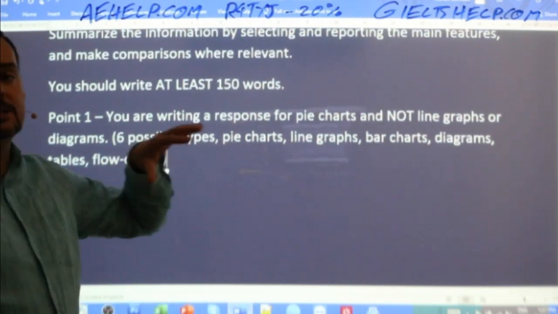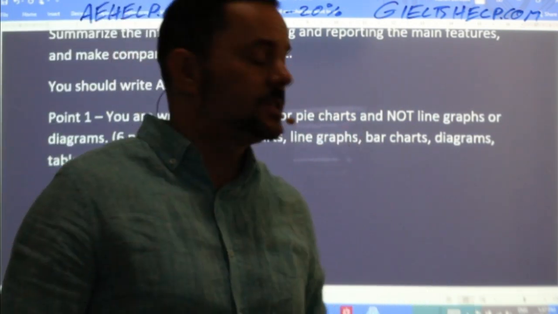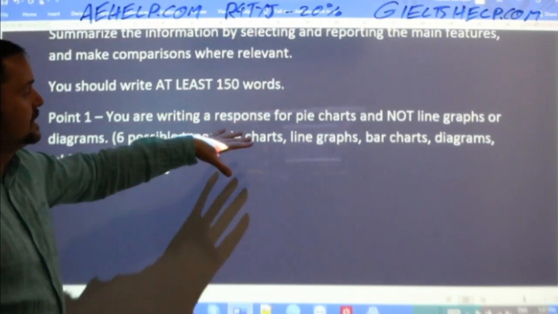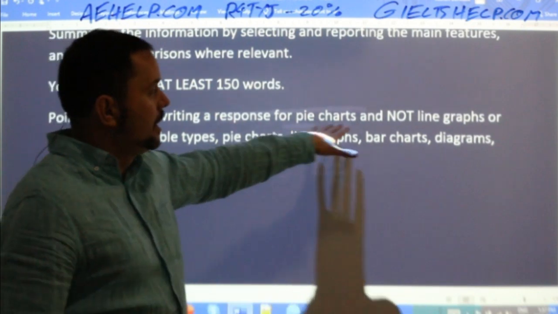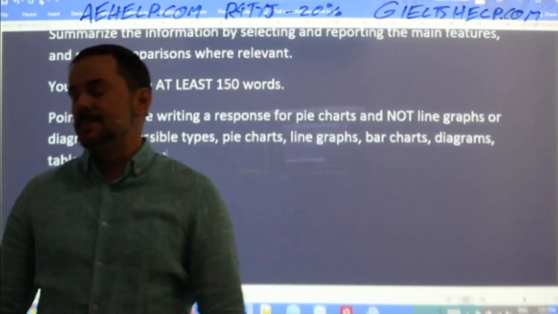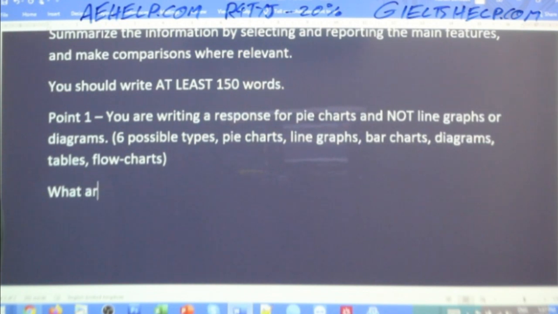One of the biggest mistakes students make, and this is why I'm telling you right now, is that students write about pie charts as if they're looking at line graphs, and that's not true. What's the difference between pie charts and line graphs? Somebody please answer that for me. That's a question.